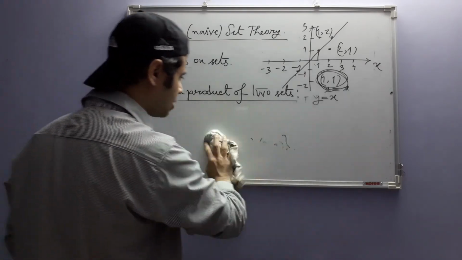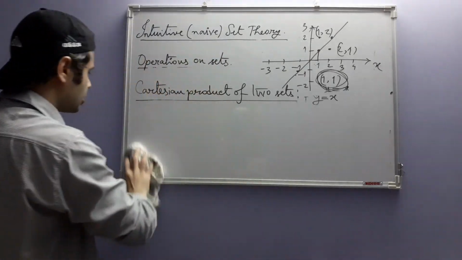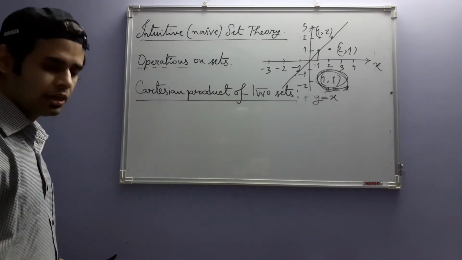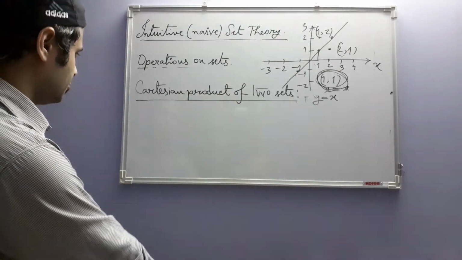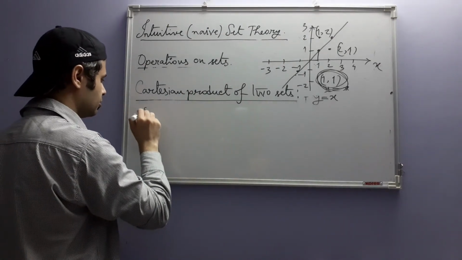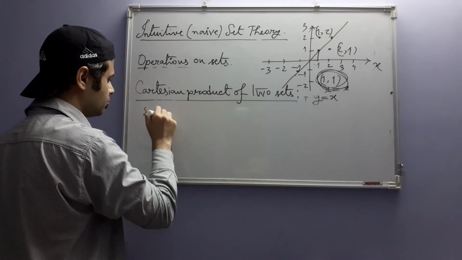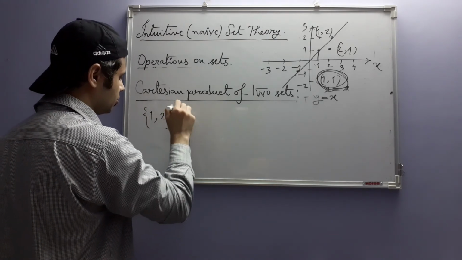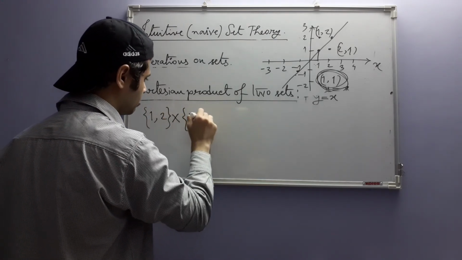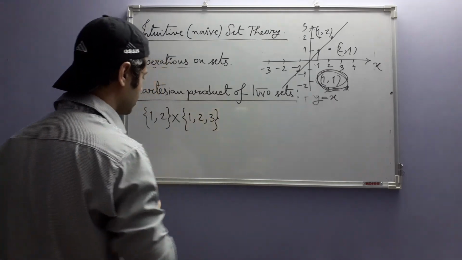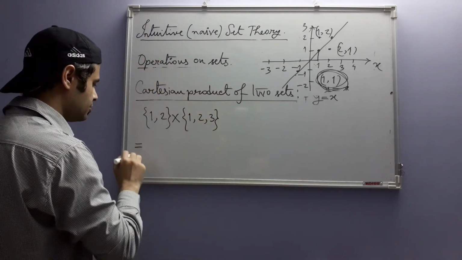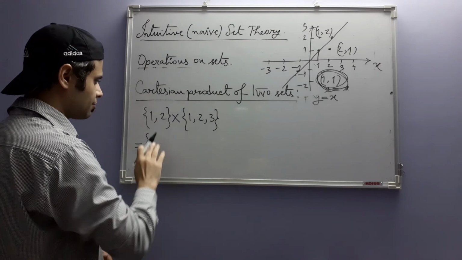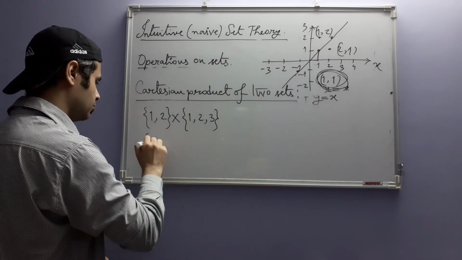And you can see one more thing, that the Cartesian product quickly becomes unmanageable. I mean, it becomes very large. If you try to write the Cartesian product of these two sets, then the first coordinate can be 1.